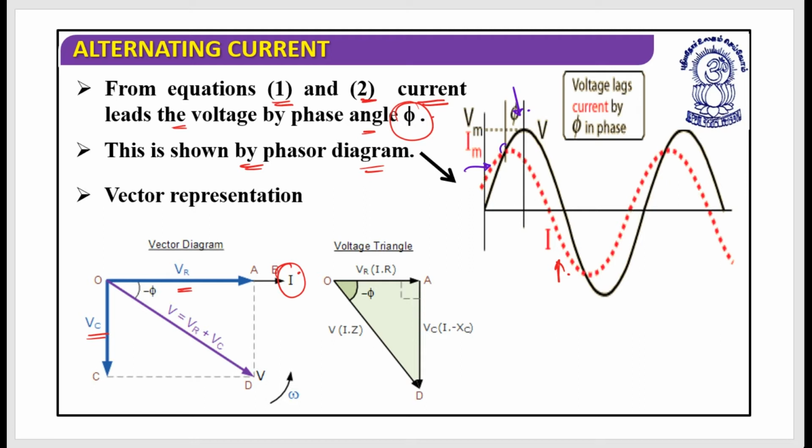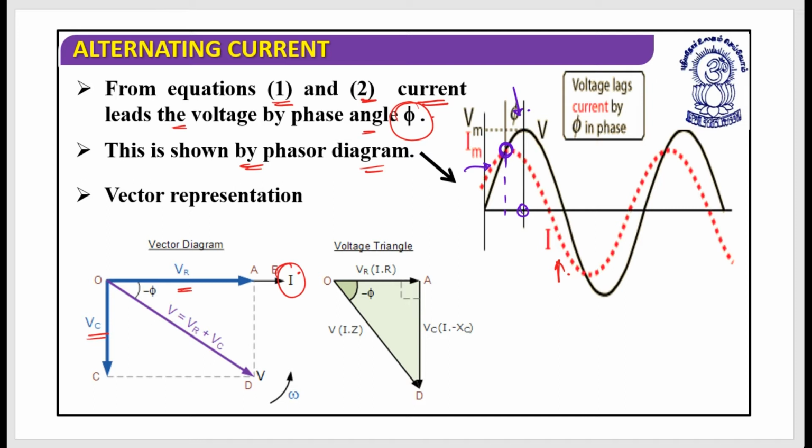As you can see, current becomes maximum at this instant and voltage becomes maximum at this instant. As current has become maximum before the voltage, current is leading the voltage, or voltage is lagging the current by an angle of phi. I hope this is clear.